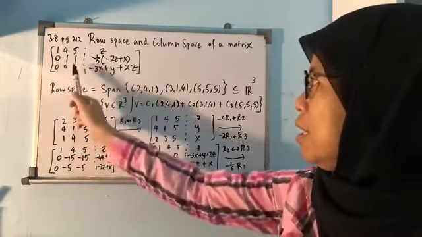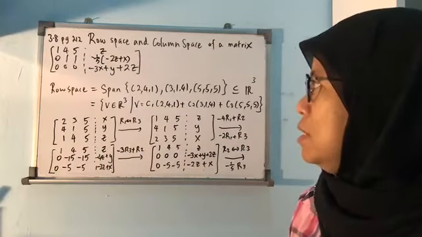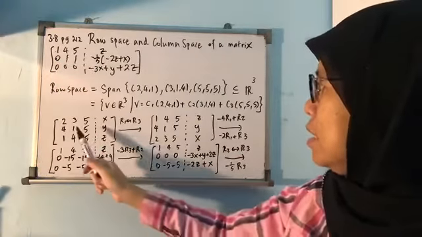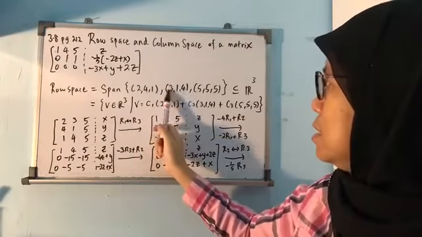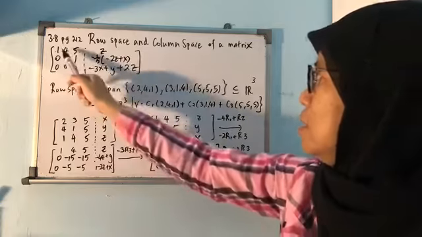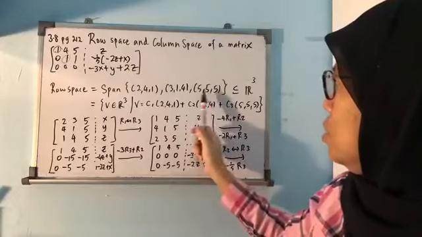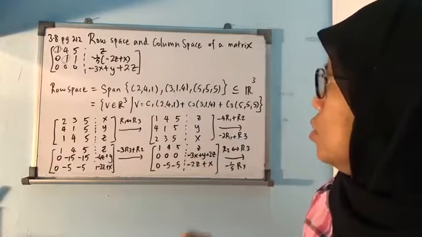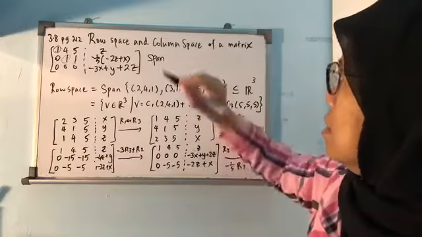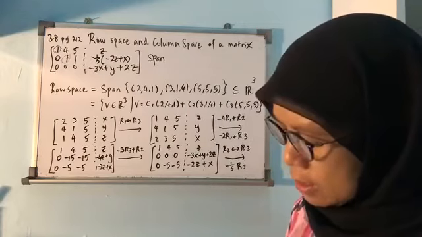Now since the rank is 2 and you have the last one, the basis will be just these two. Meaning you just take the first two as the basis. This one is not part of the basis because it is also a part of these two. So what do we call it earlier? S, right?